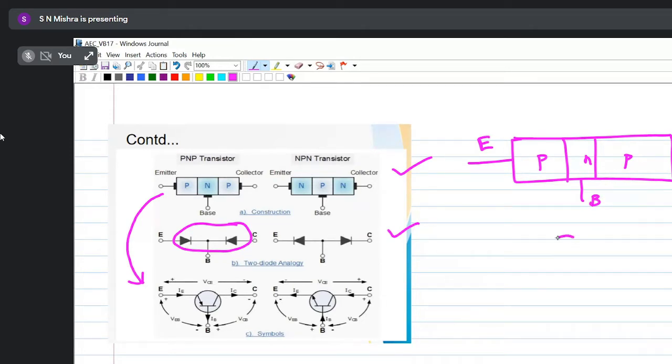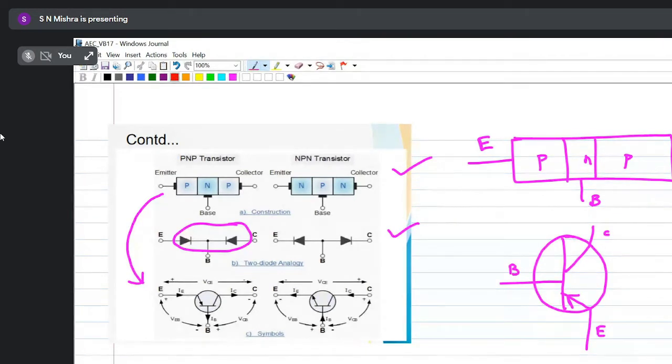Now when I draw a symbol like this, as I have told you, PNP means the arrow mark points inward, which is given. That is the emitter, this is collector, this is base. Now what are the other things written?